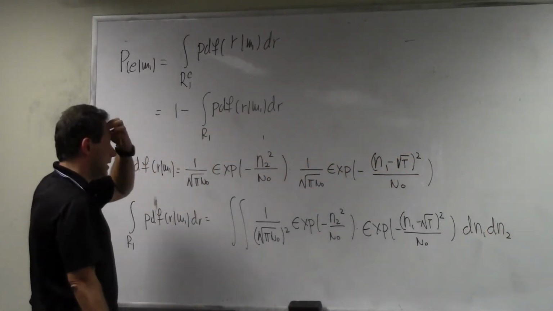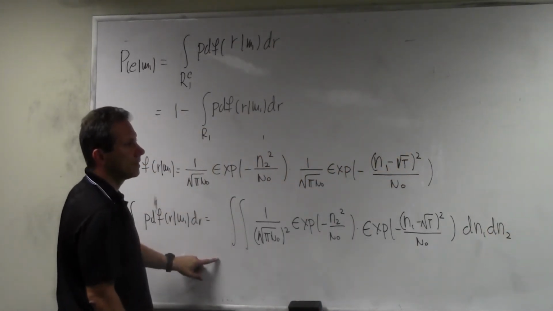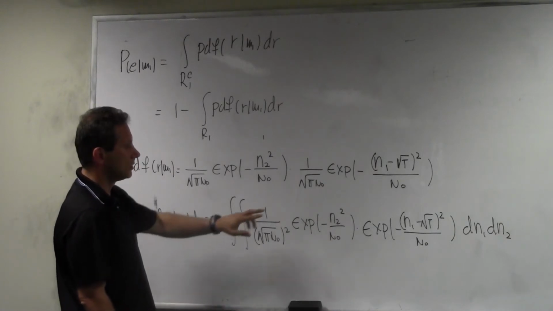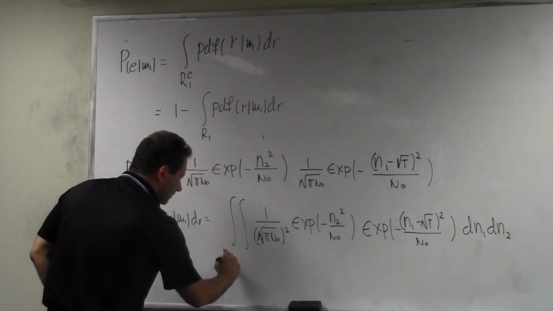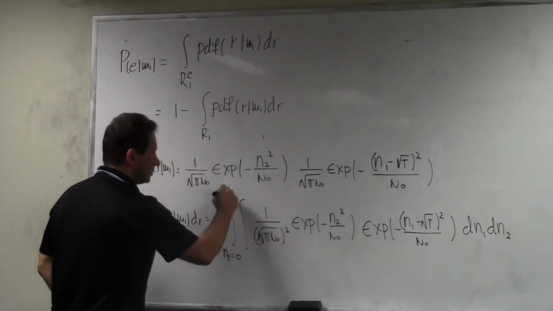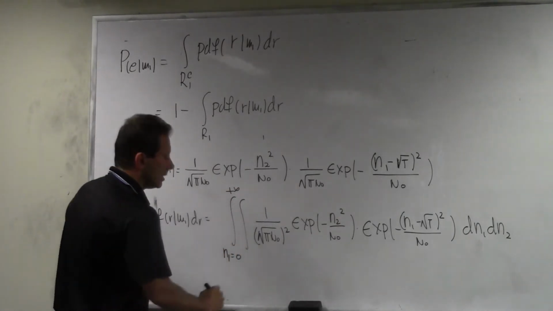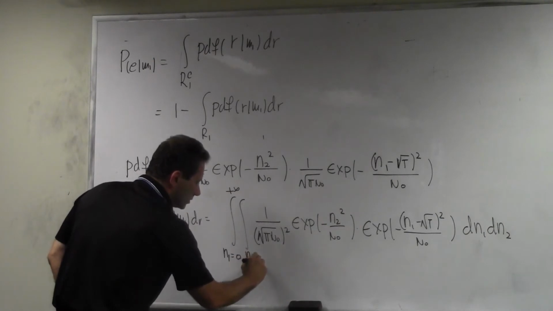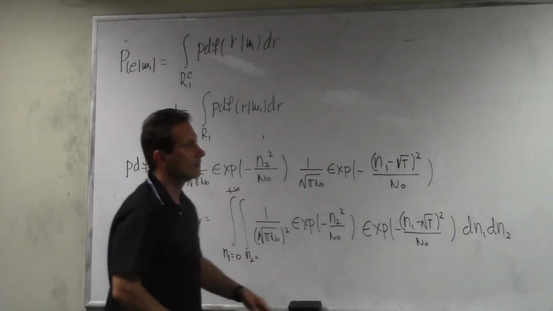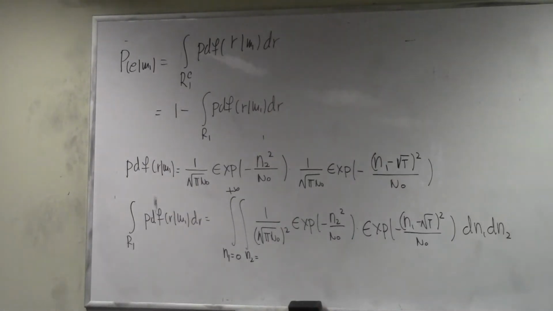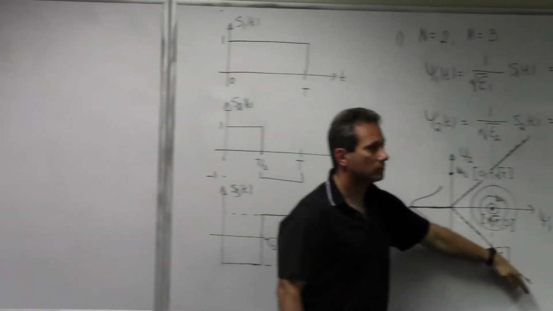Okay? And then we need to decide the boundary. So let's say n1 goes from 0 to plus infinity, and n2 goes from where? What is the equation of this line? n2 is equal to what?